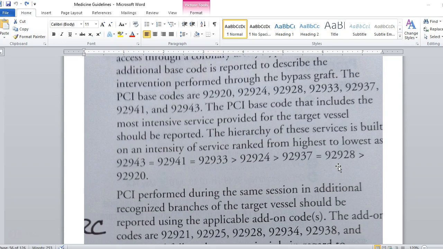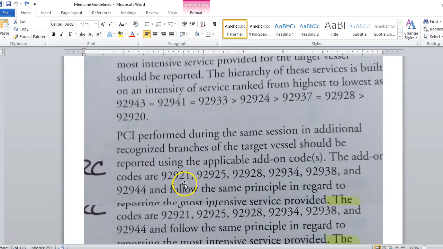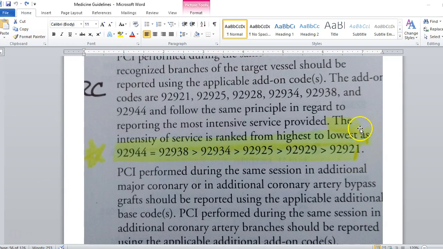We also have some add-on codes to describe some of these each additional as well. So again, from the lowest service to the highest service. So it's going by how many things they are doing once they get into the coronary arteries. So the more intensive the service, the more intensive the code descriptor is going to be.